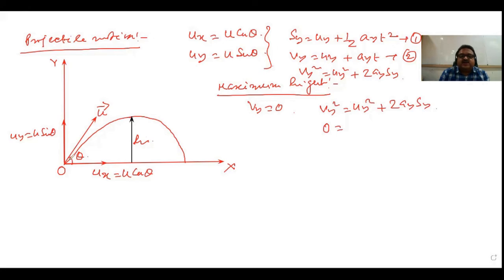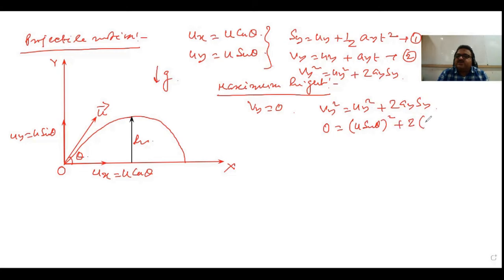Now Uy, as I told you, anything goes up from the point of projection, you have to consider that as positive. So in this case, Uy is positive, and that is nothing but u sin theta. Plus, as I told you, small g always acts vertically downward.